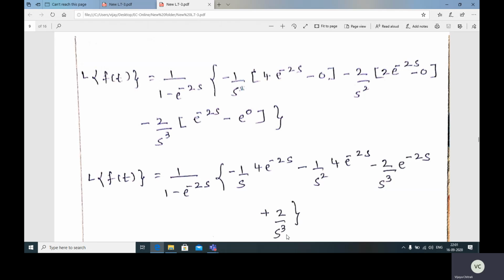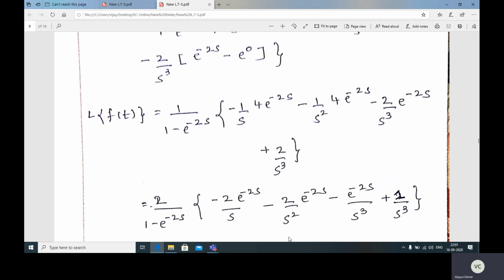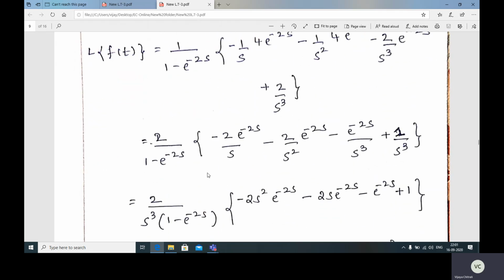E raised to 0 is 1, 2 by s cube, right? So here we can take 2 common. So 2 divided by 1 minus e raised to minus 2s into bracket minus 2 e raised to minus 2s divided by s, minus 2 divided by s square into e raised to minus 2s, minus e raised to minus 2s divided by s cube plus 1 by s cube.